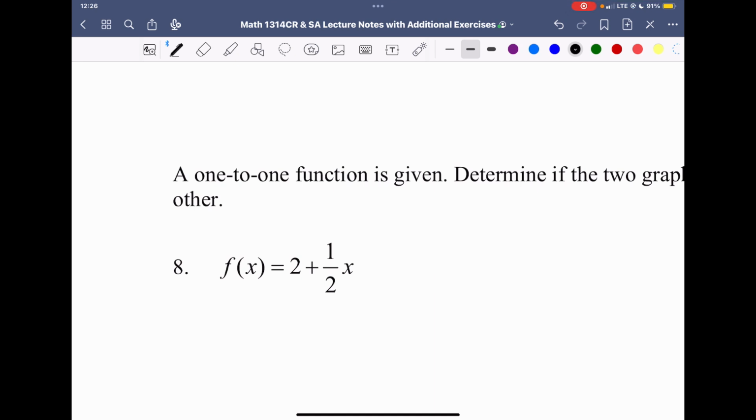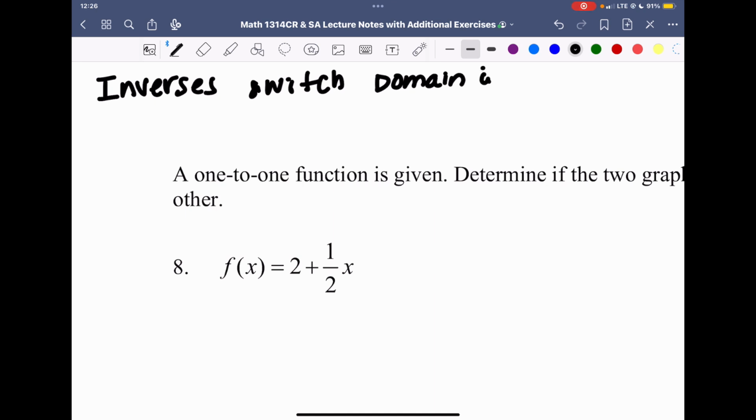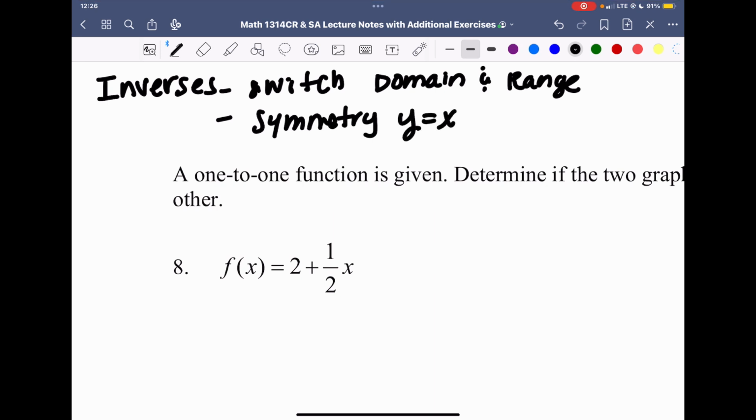So remember that inverse, switch, domain and range. They also have symmetry with the identity function of y equals x. And this is page 19 of your workbook.